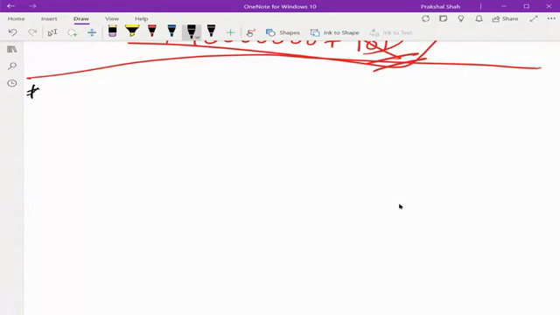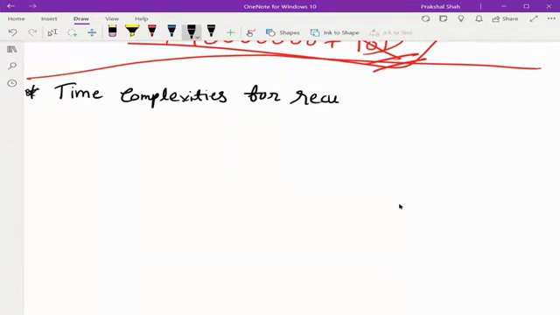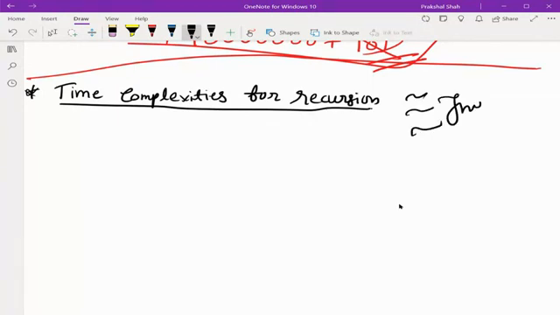We have discussed the time complexities for recursion. This is a very, very important topic.